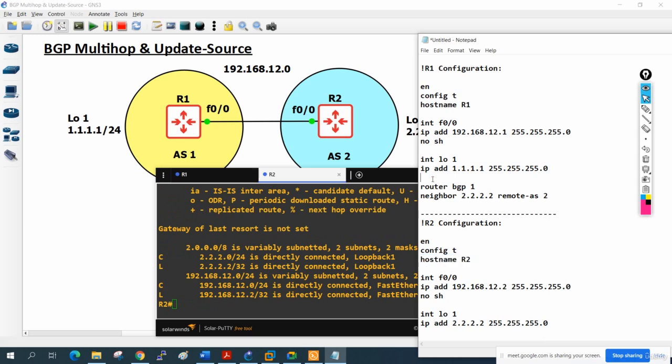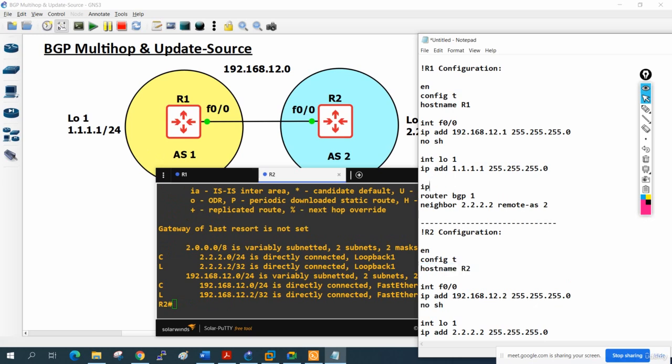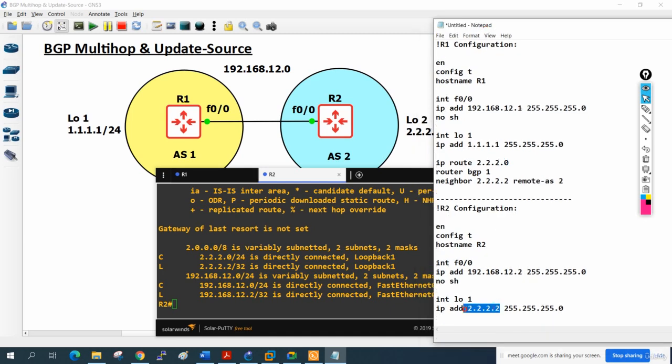For that purpose, we need to define a static route here. I am in R1, so I will write ip route, and I am saying that if anyone wants to go to 2.2.2.0, and I am writing this because for this IP 2.2.2.2 we use the /24 subnet. /24 means three times 255, so we write three values, and the other value is the host part, which we make 0.